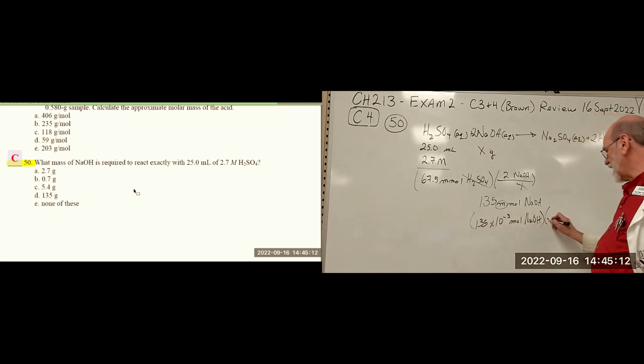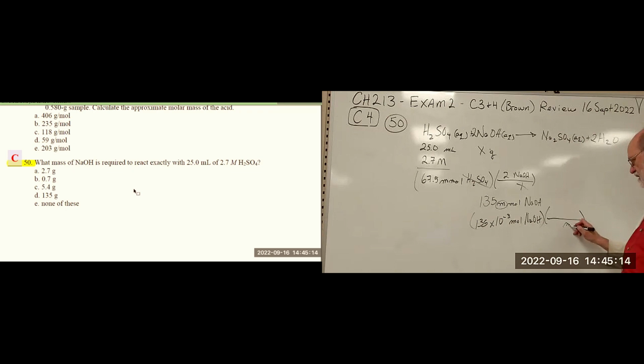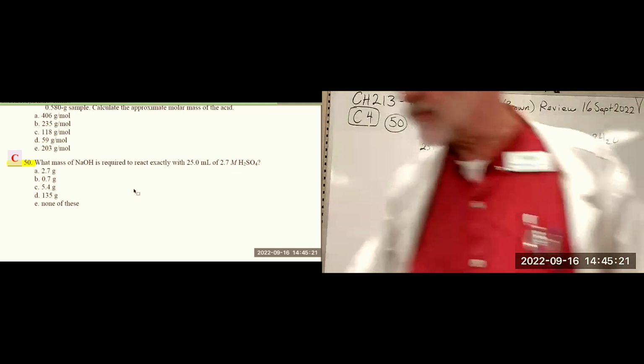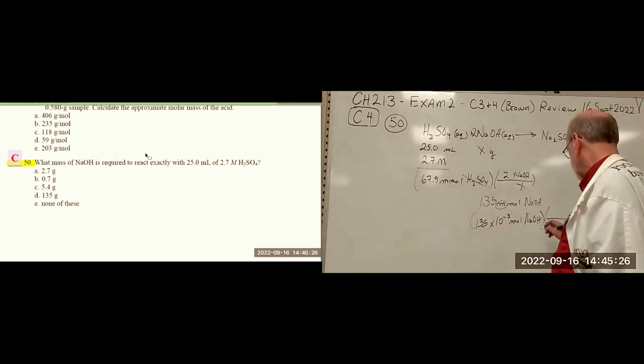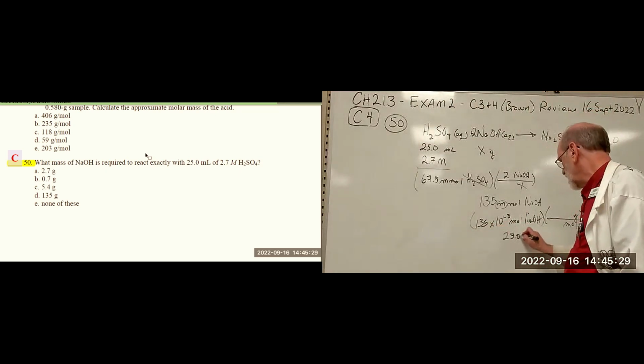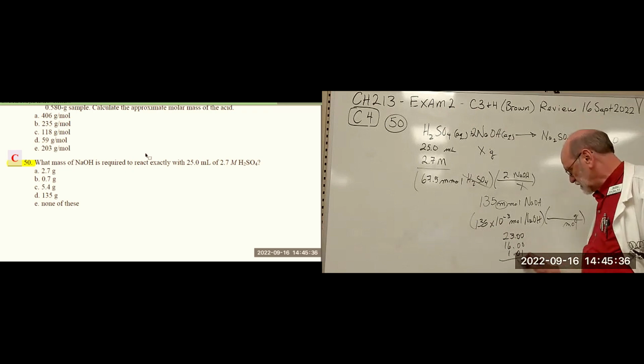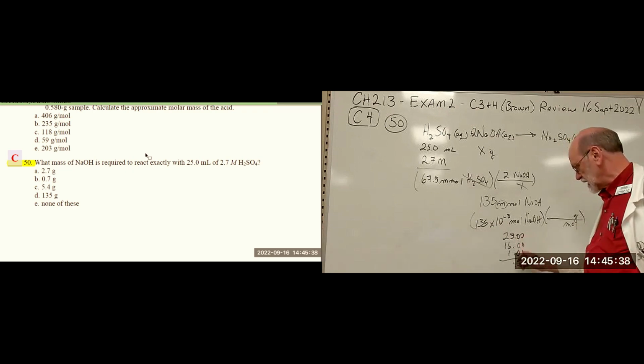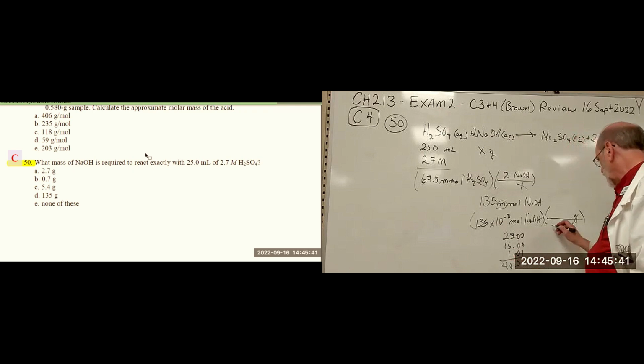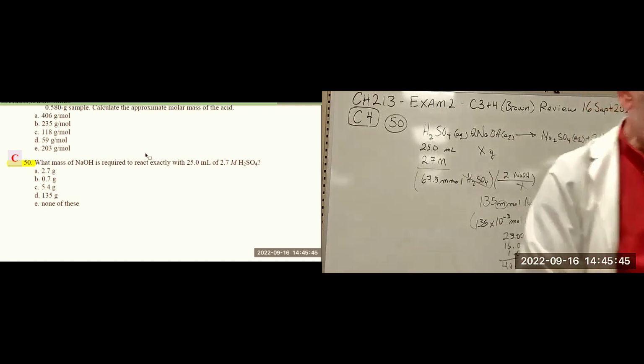Now we can convert that to mass. We just need the molar mass of sodium hydroxide. Okay, sodium is 23. Oxygen is 16. And hydrogen is 1.01. So that's 40.01 times 135 times 10 to the minus 3.